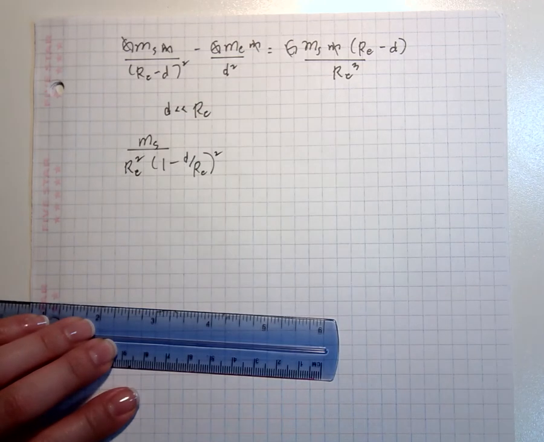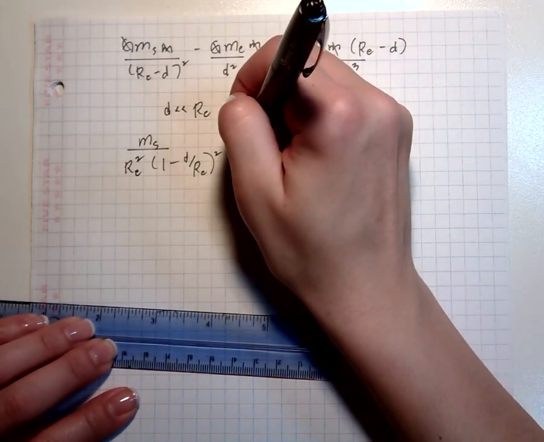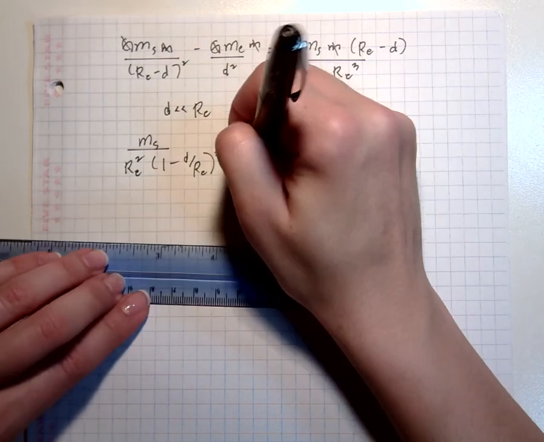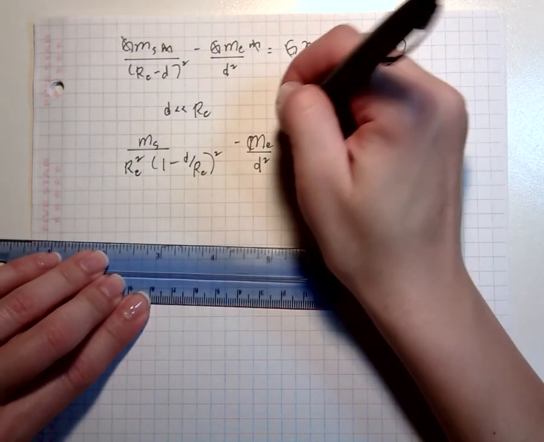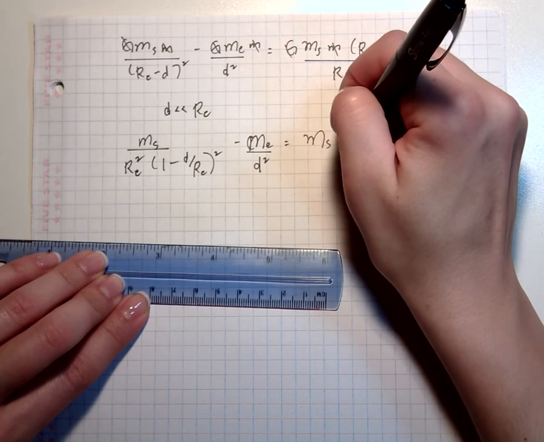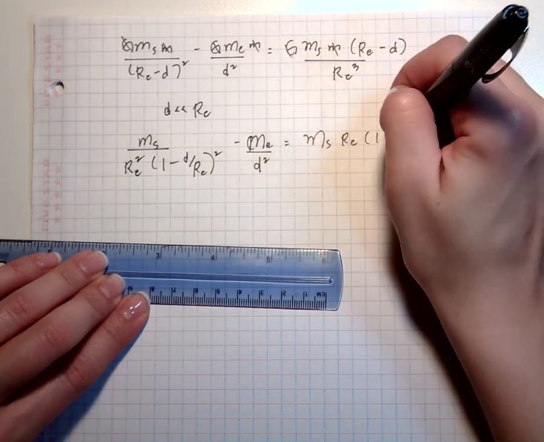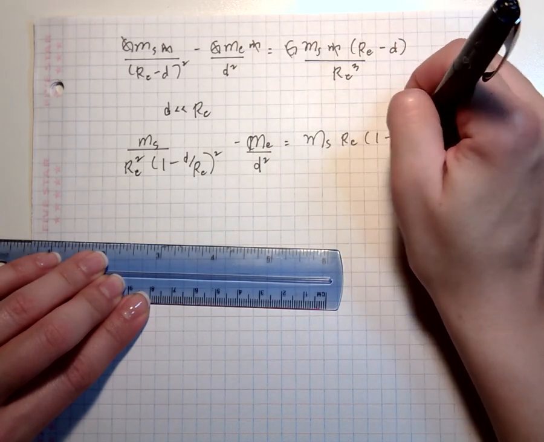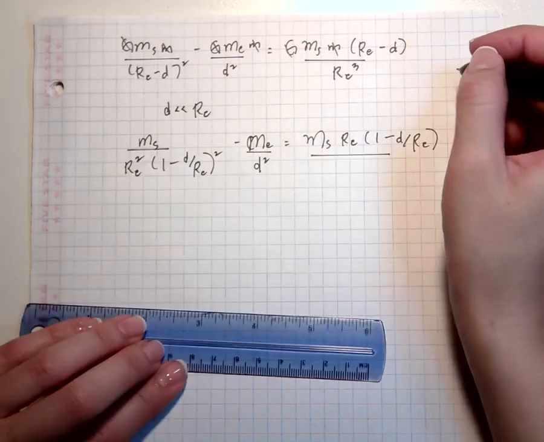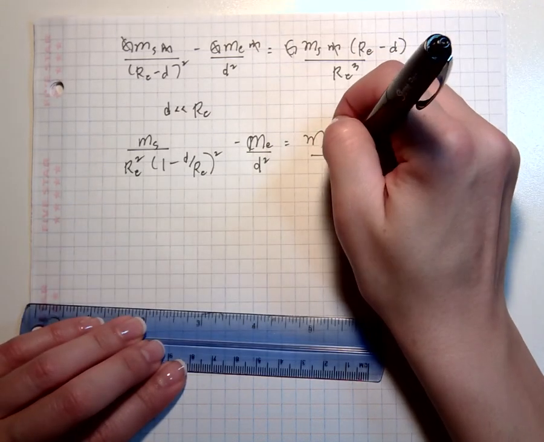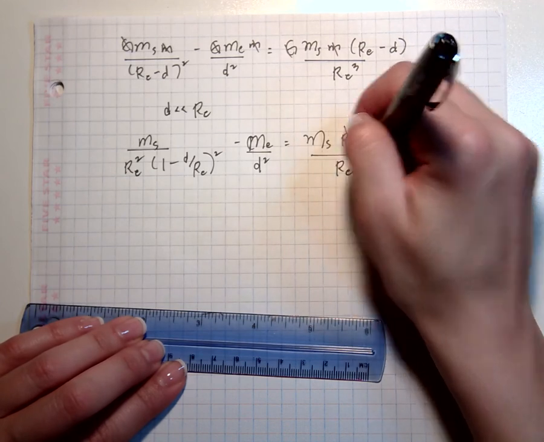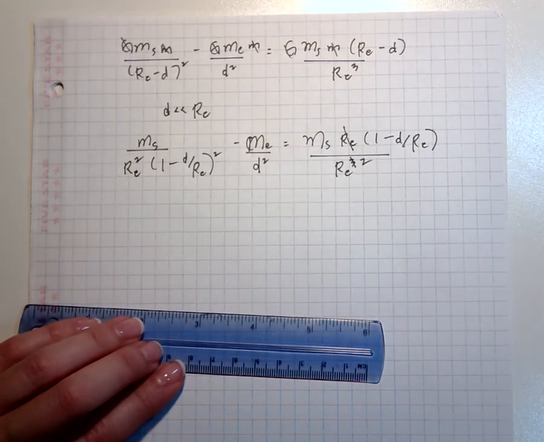That whole term is squared, minus the mass of the Earth divided by d squared, and that's equal to the mass of the sun times the orbital radius of the Earth times 1 minus d over the orbital radius of the Earth, and that's over the orbital radius of the Earth cubed. So we get one of those to cancel.